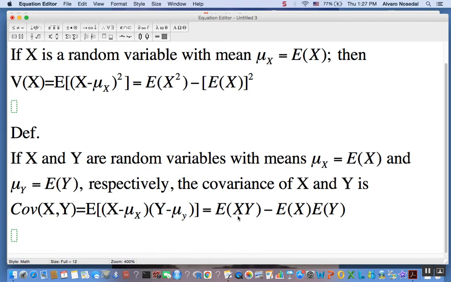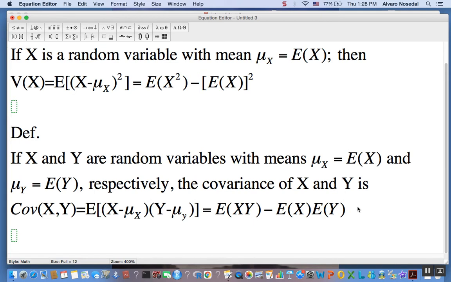Now, from this alternative expression, what we know is that if x and y are independent, the expected value of x times y equals the expected value of x times the expected value of y. So if x and y are independent, the covariance is 0.